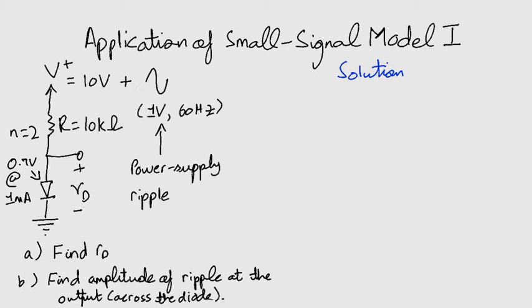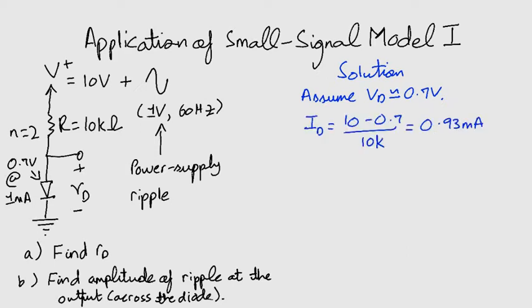Considering DC quantities only, we assume VD to be almost equal to 0.7 volts. Remember, this is the DC quantity and not this one. So we write our first equation and we get the value of ID, that is the diode current at DC, to be 0.93 milliamperes.